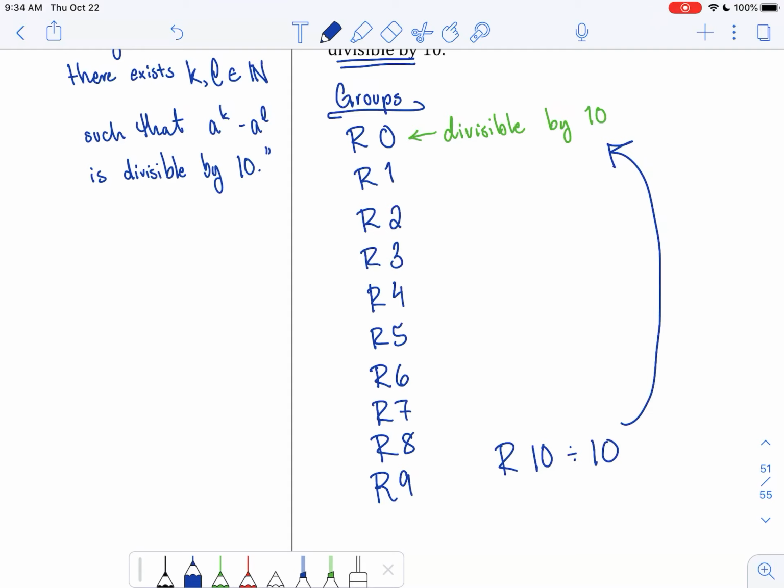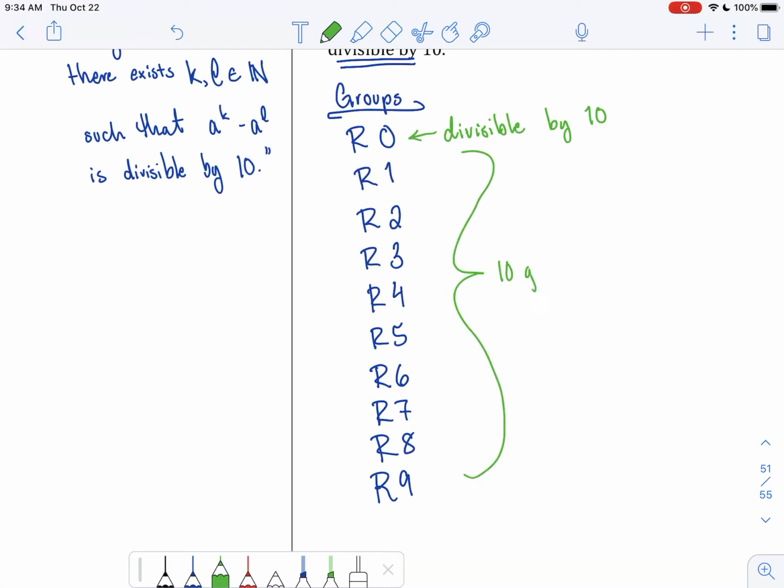Then the process starts all over again, because we have a divisible number, and as we count up, that would have a remainder 1, remainder 2, remainder 3, and so on until we hit 10 again, and it goes back to the beginning. So these are our groups where we're talking about remainders, and if we count, we can see that we have 1, 2, 3, 4, 5, 6, 7, 8, 9, 10 groups.